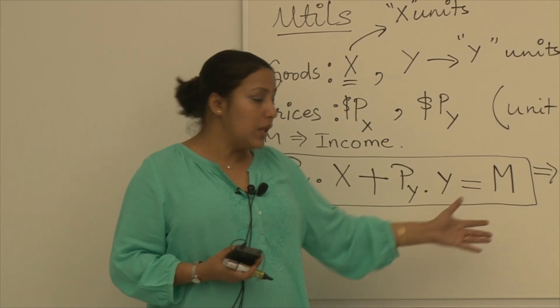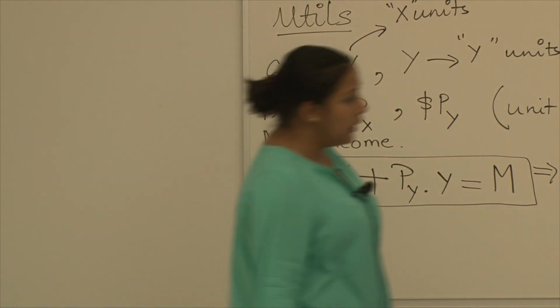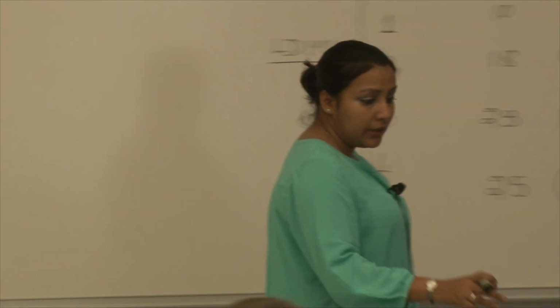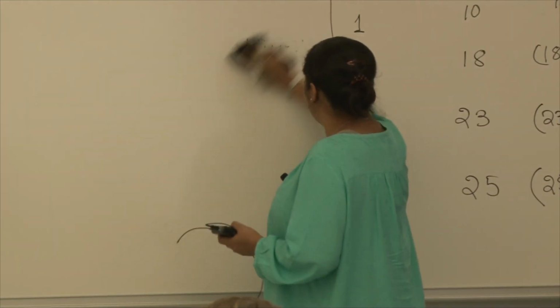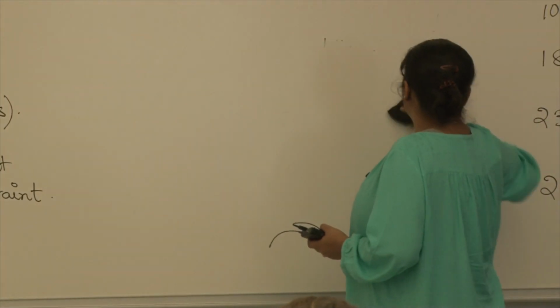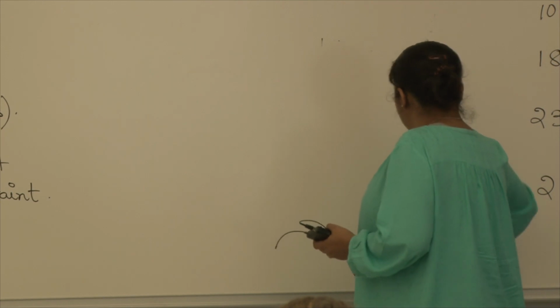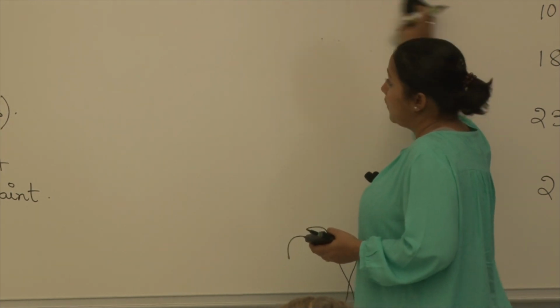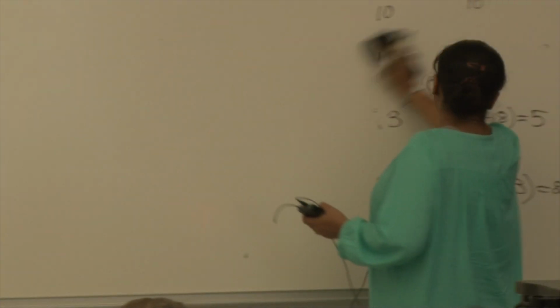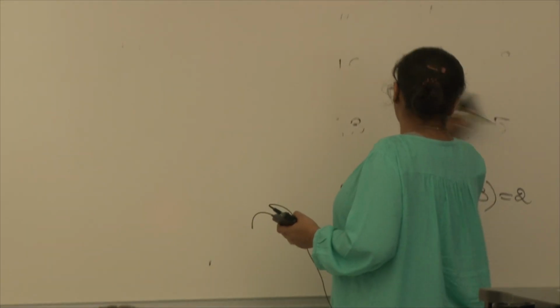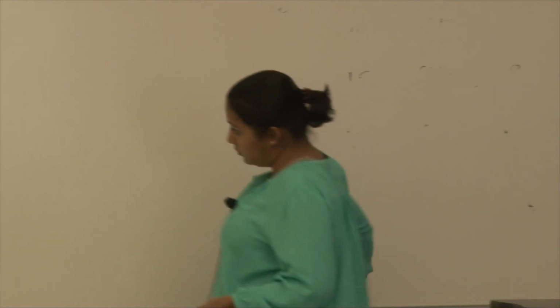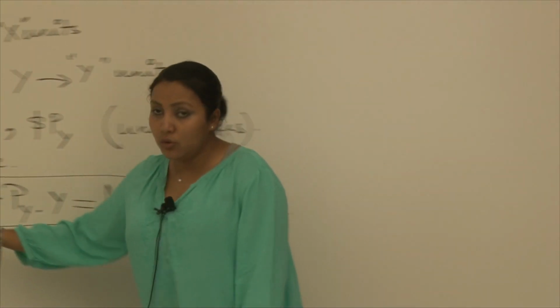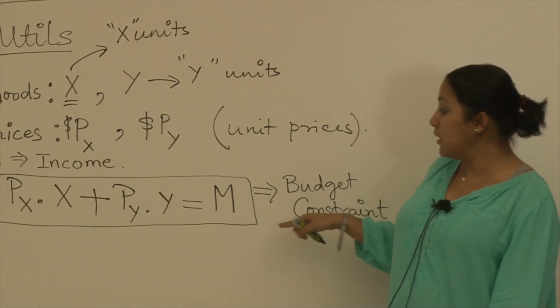Okay. Now, if we represent this budget line graphically like we always do, like we did for the demand curve and so on and so forth, you understand that this is looking something like an equation.